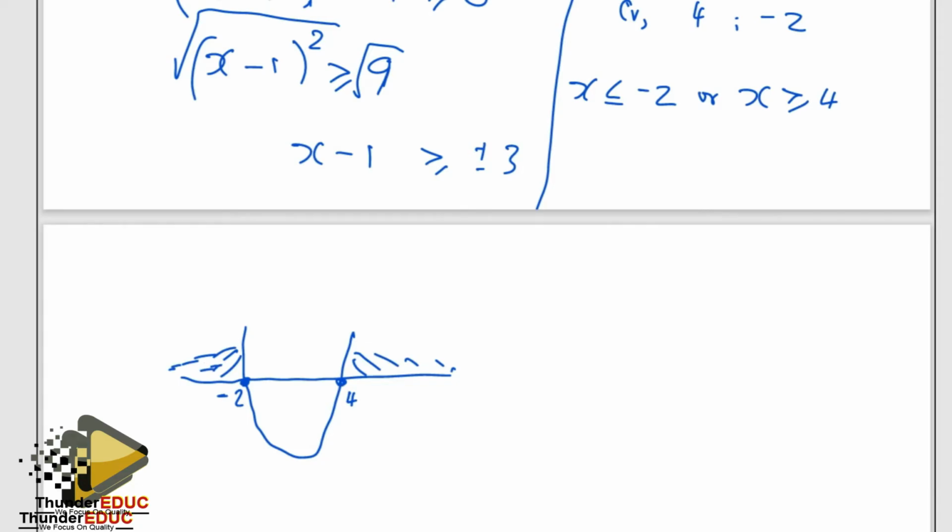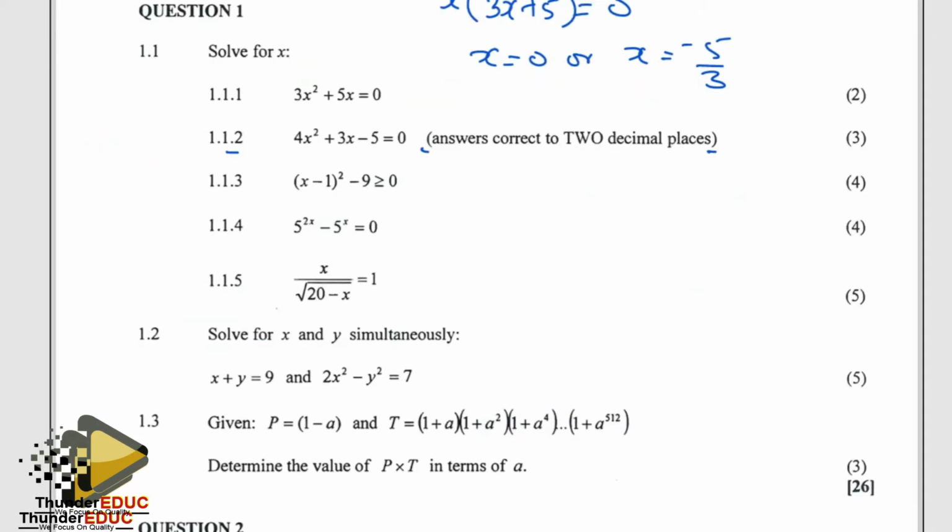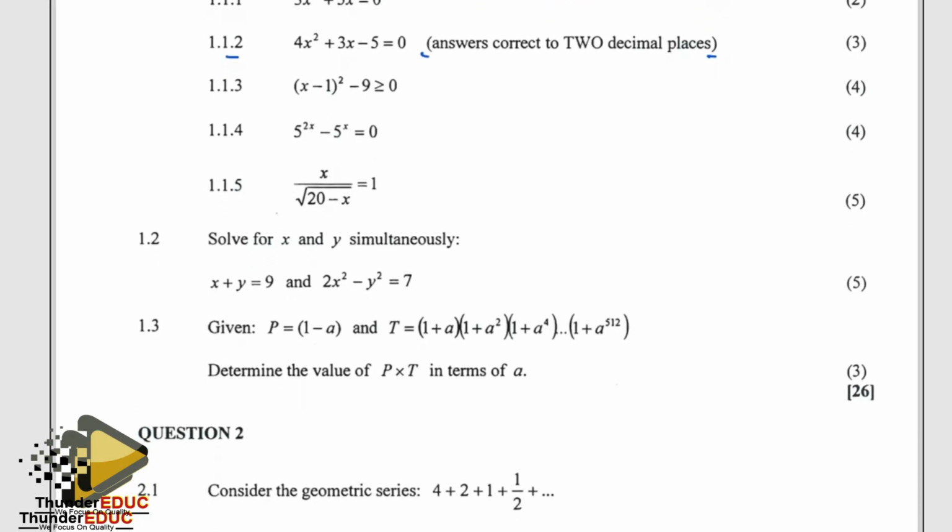Or you can alternatively use your number line. That's going to be a -2, this is going to be a 4, and then you just indicate with the arrows in that sort of direction. So that is what one would have done for that particular question, 1.1.3. Then the next part, 1.1.4, these are exponents, 4 marks.